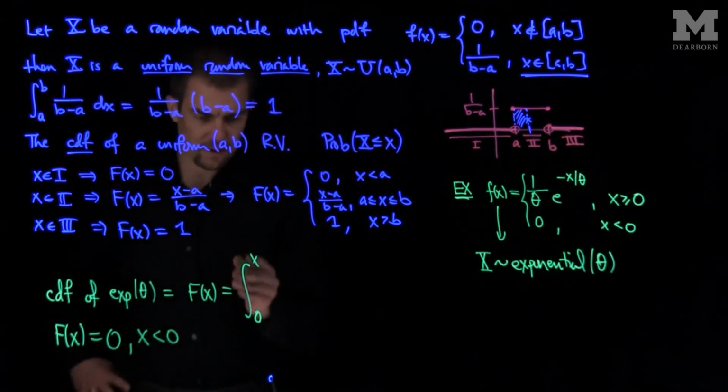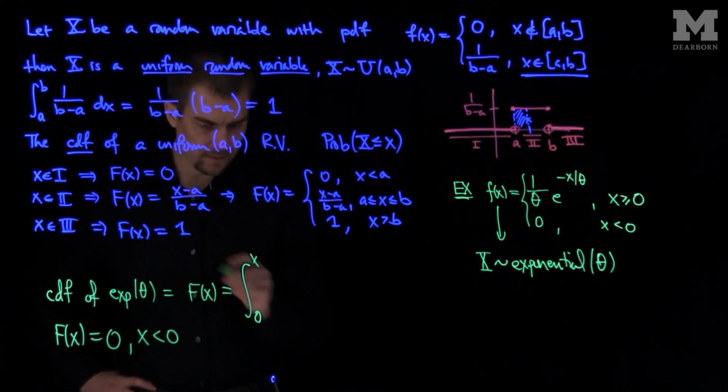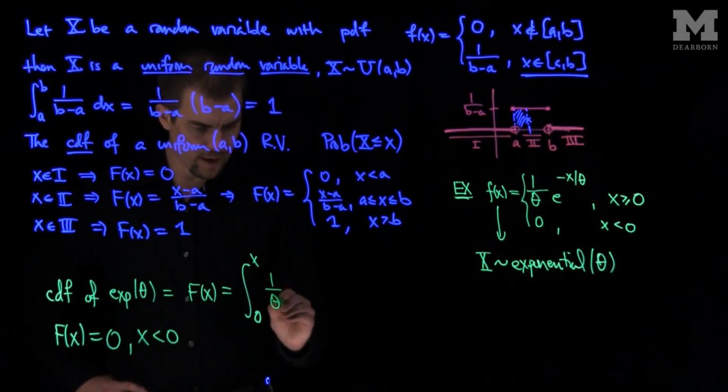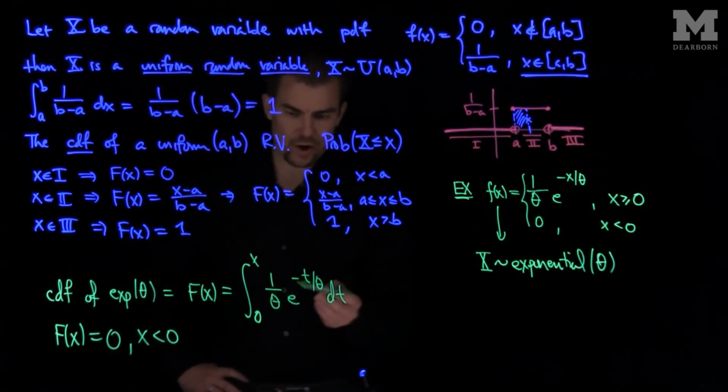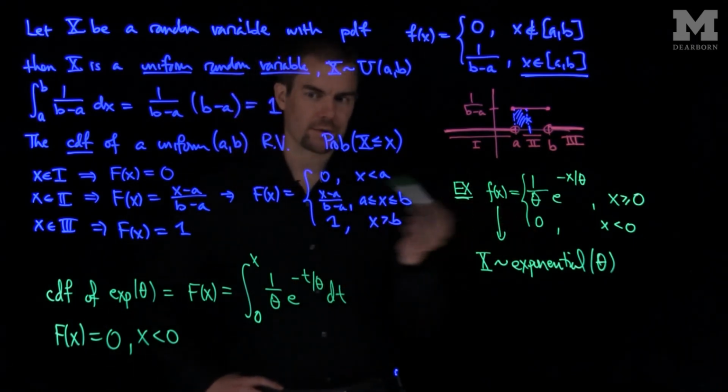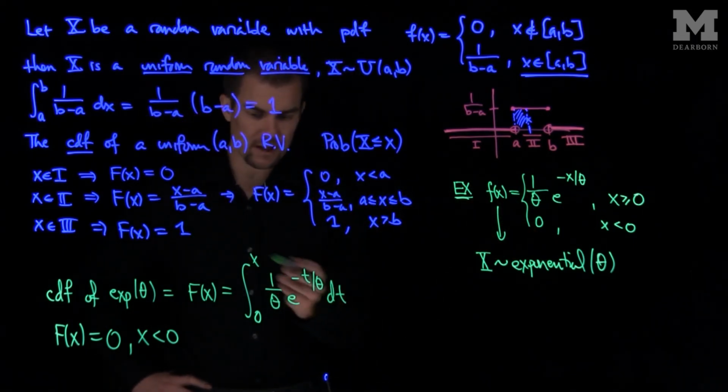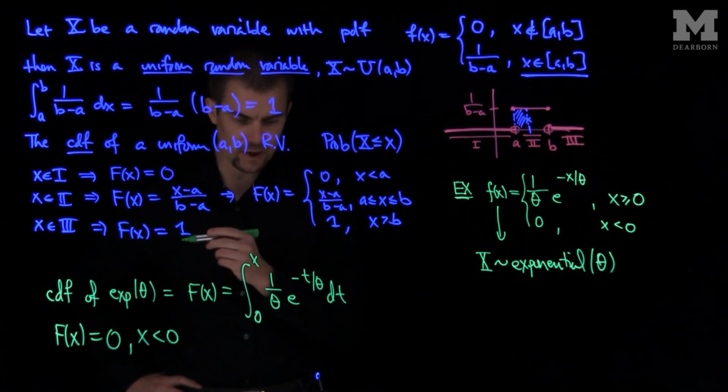But if x is positive, then we'll go from 0 to x, and then we'll have 1 over theta e to the negative t over theta dt. We should note that we've changed the x in our integrals for the PDF to t's, because x is now being used as the variable of integration.